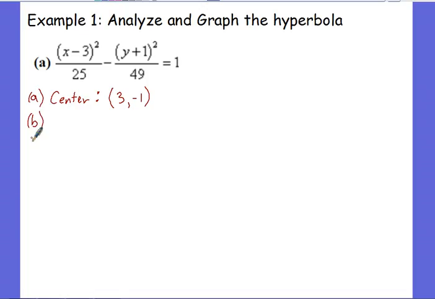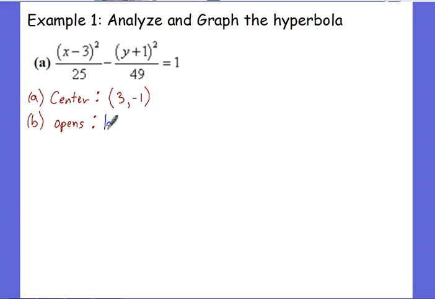Then you should be able to tell me, does this open up and down, or left and right? How can you tell? That's simple. The x is first, so it opens left and right. Does everybody got it?